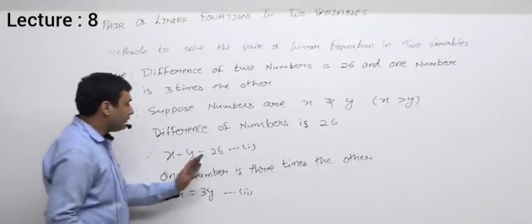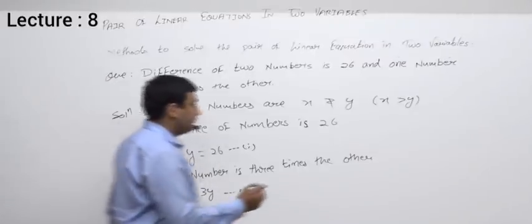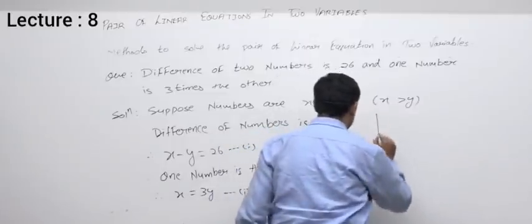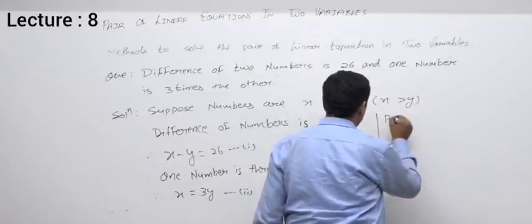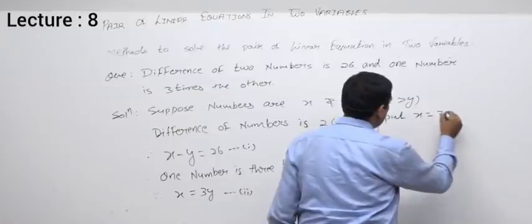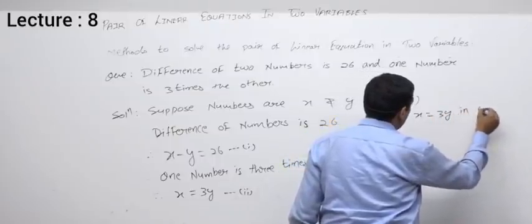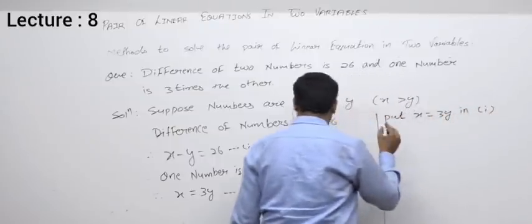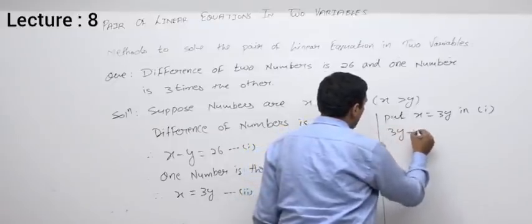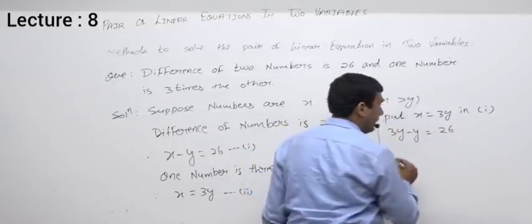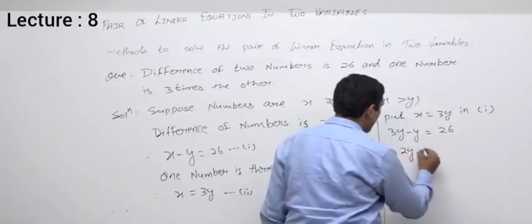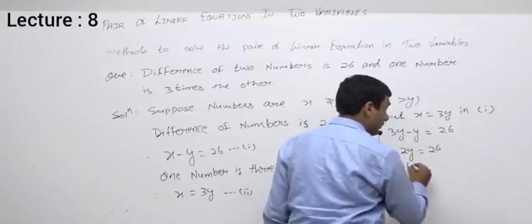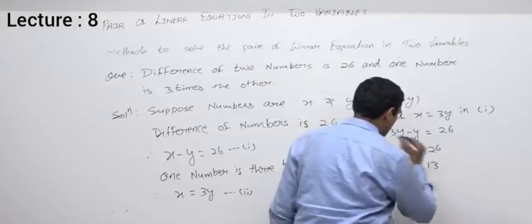Put x equal to 3y in equation number 1. So 3y minus y is equal to 26, 2y is equal to 26. So this gives you y is equal to 13.